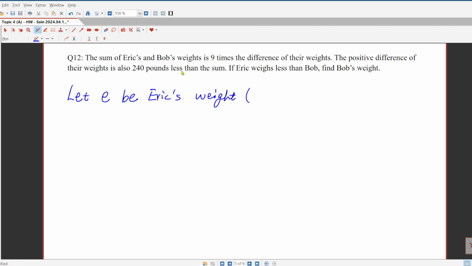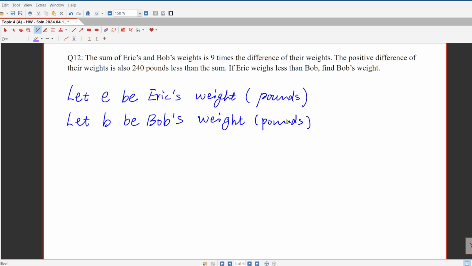And be careful with the unit. Unit is pound because sometimes you need to convert units. We could also let B be Bob's weight. Again, this is in pounds.